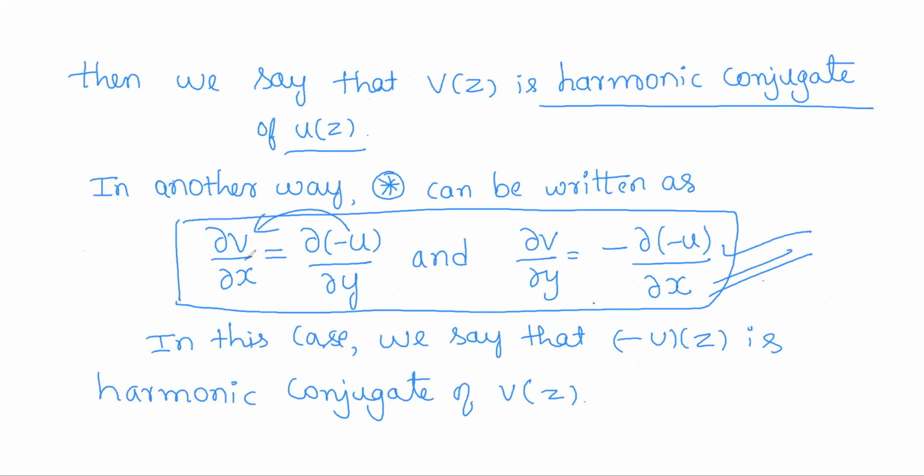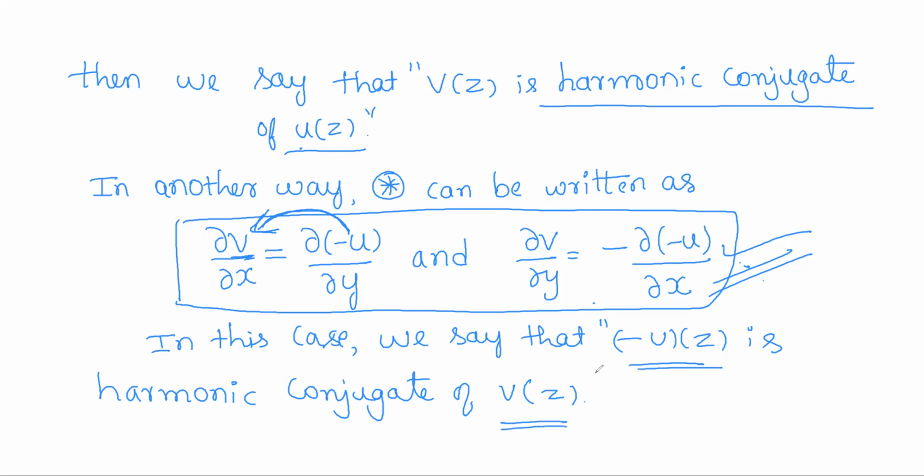Or if you rewrite the CR equations, then those CR equations will be of this form, and in this case, we'll say minus u is a harmonic conjugate of v. So we can say in two ways: one is we'll say v is harmonic conjugate of u, or we'll say minus u is harmonic conjugate of v.